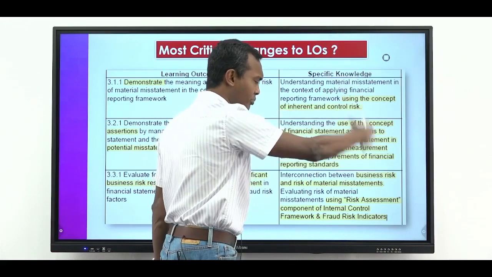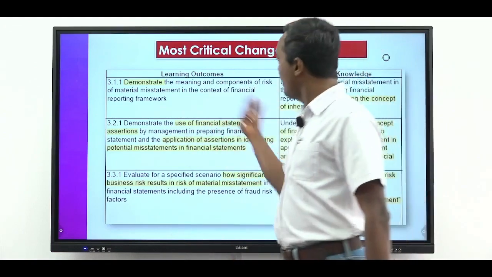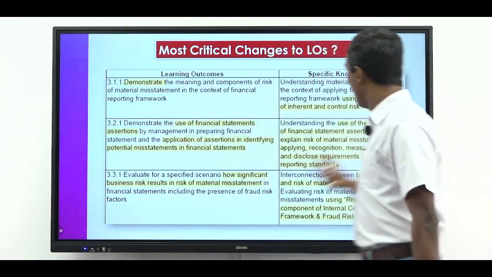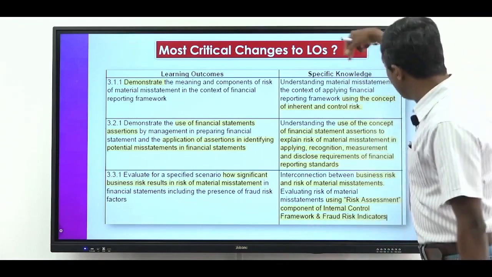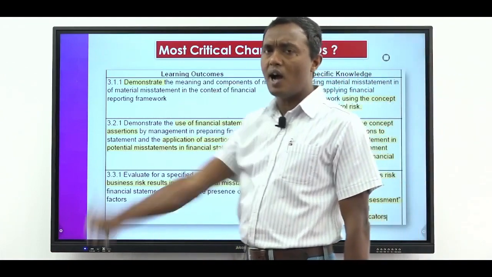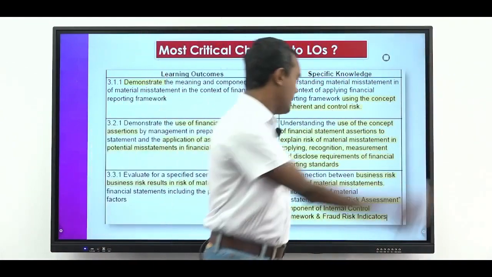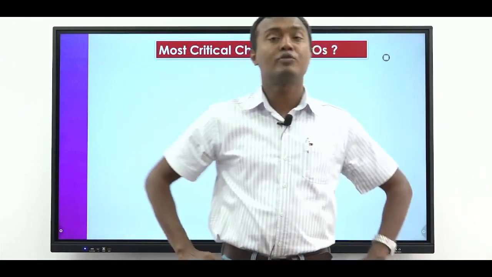The second column really clarifies the concept underpinning this learning outcome. And if you are lacking this, you will not be able to answer. If you read this carefully, you will know which paragraph in your open book this particular knowledge component has been addressed in. So that is very important.